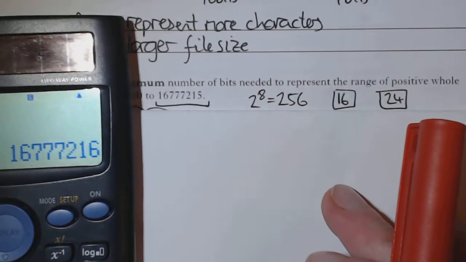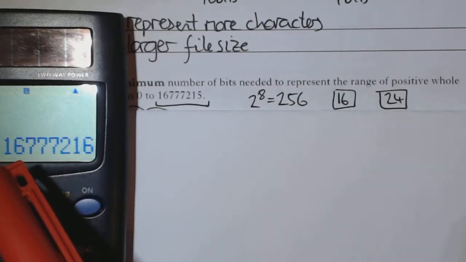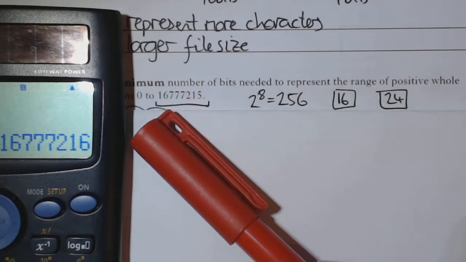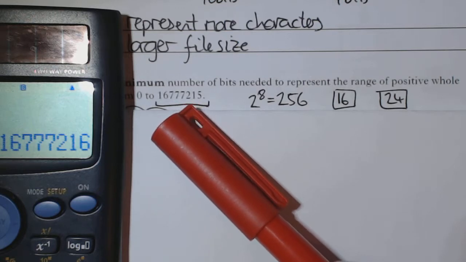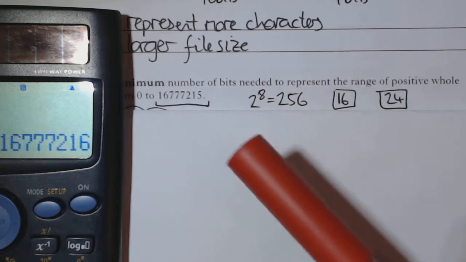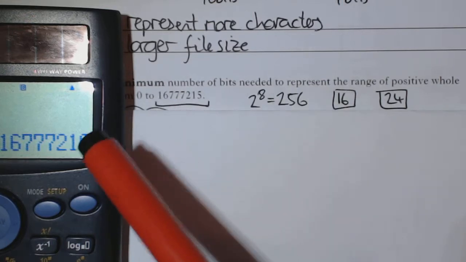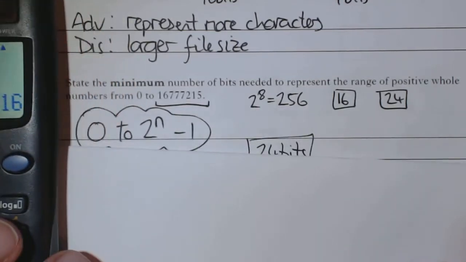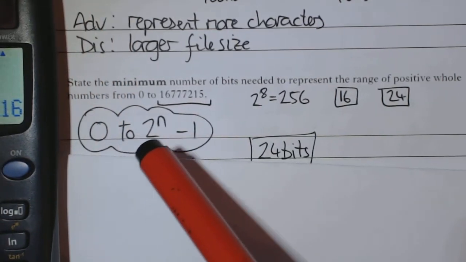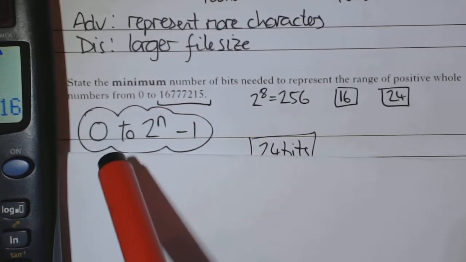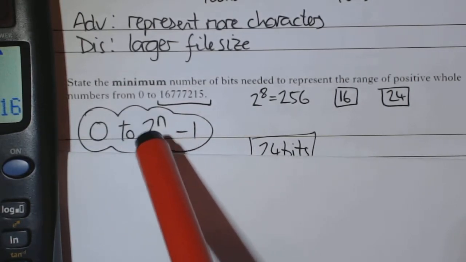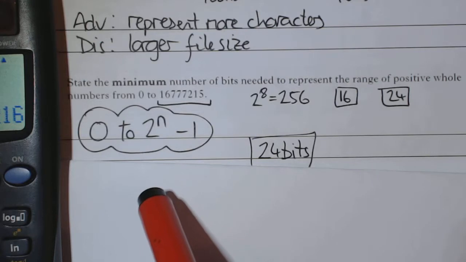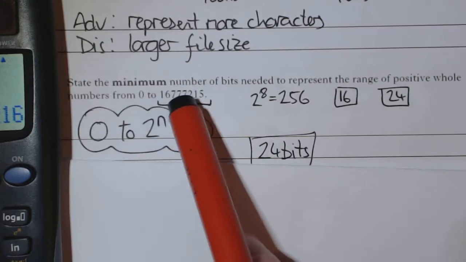And if we look at what they're actually asking, this number is 0 to 16,777,215, okay, because if you count to 0, you're actually counting this number. So what you've got as the answer is 24 bits, but what I'll try and remember for yourself is the wee formula is just 0 to 2 to the power of n minus 1. Okay, so n is the number of bits needed. So if you put 24 into this, that gives you this range.